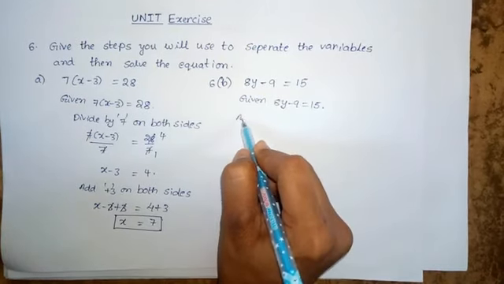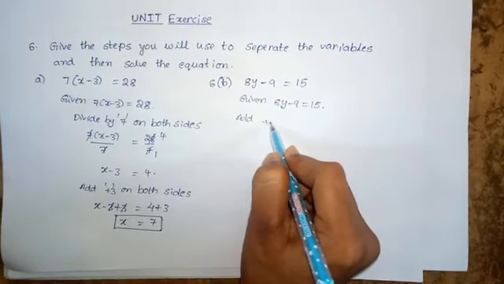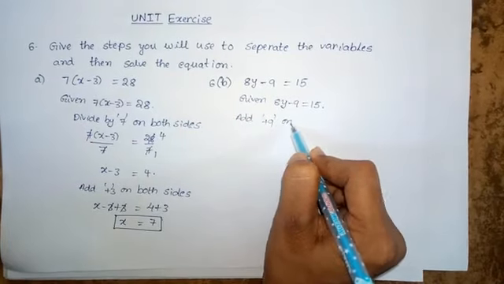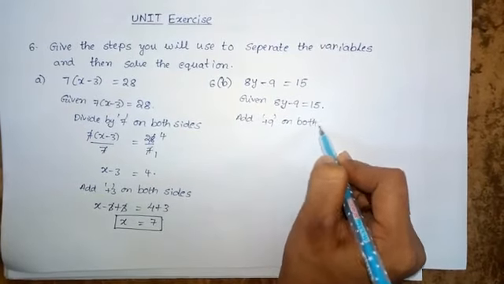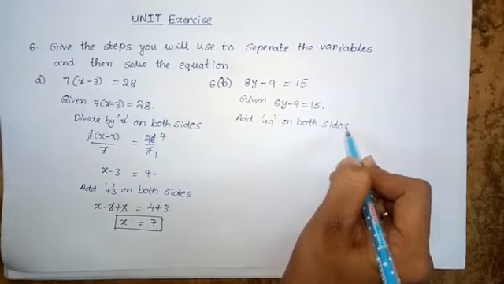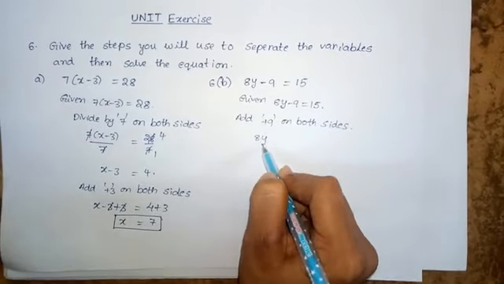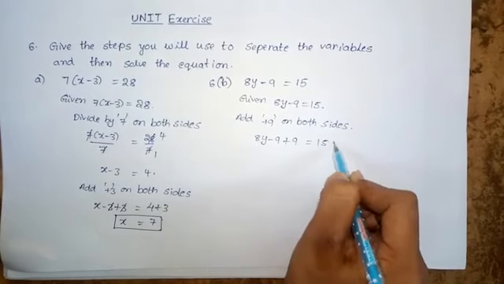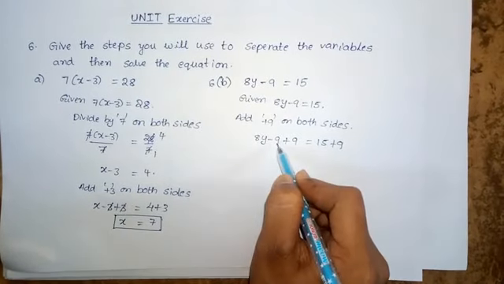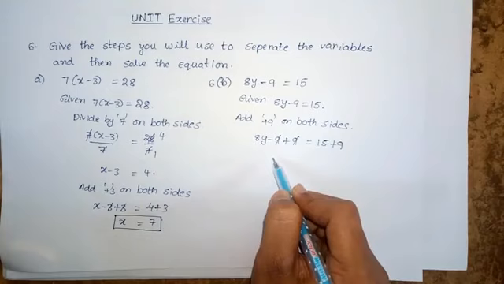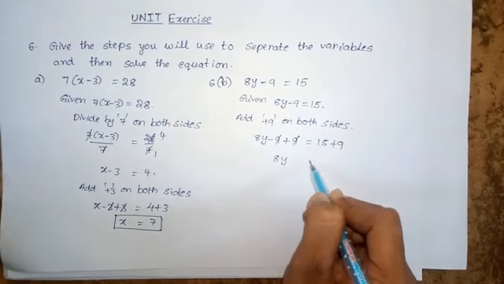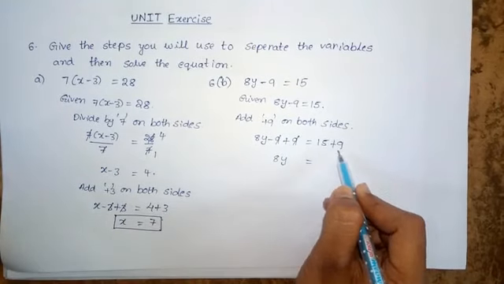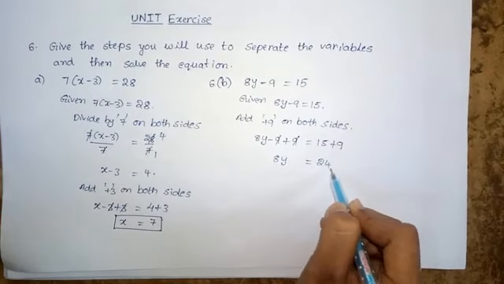So add plus 9 on both sides. So 8y minus 9 plus 9 it is equal to 15 plus 9. So left side minus 9 plus 9 equal to 0. So remaining 8y it is equal to 15 plus 9 becomes 24.